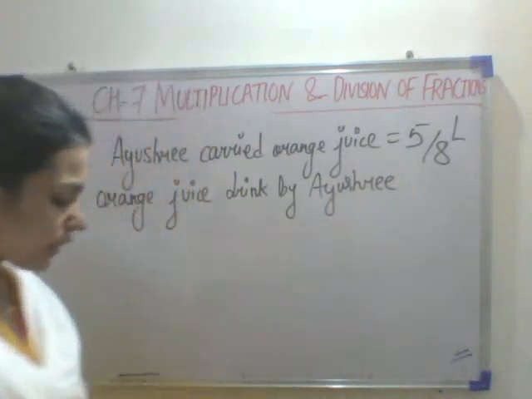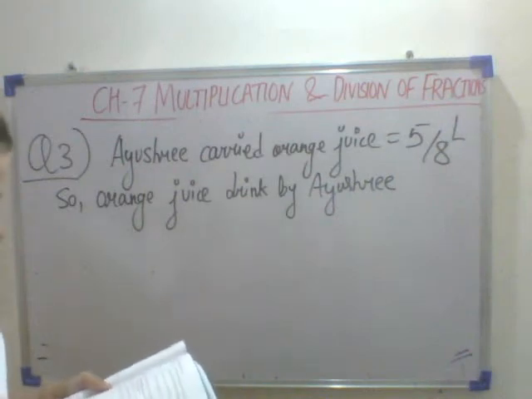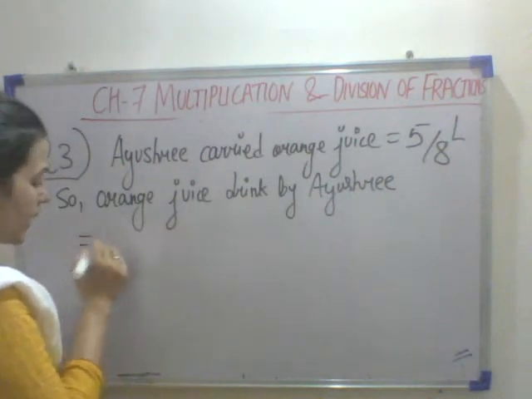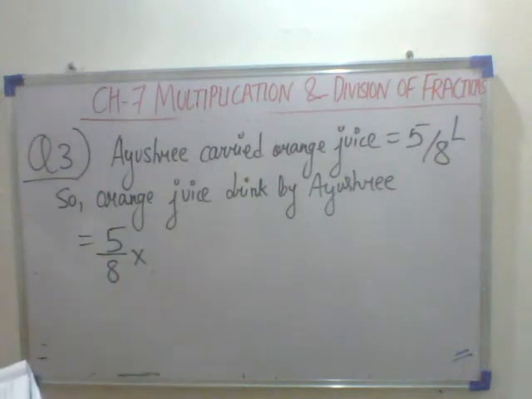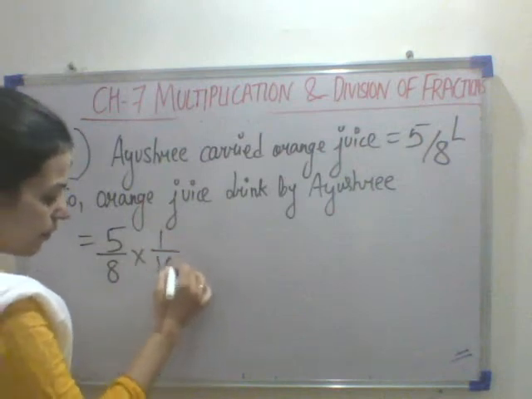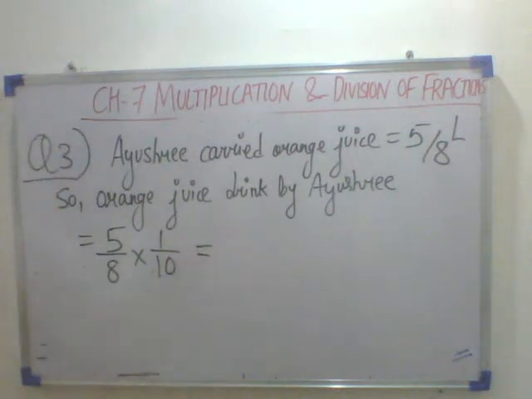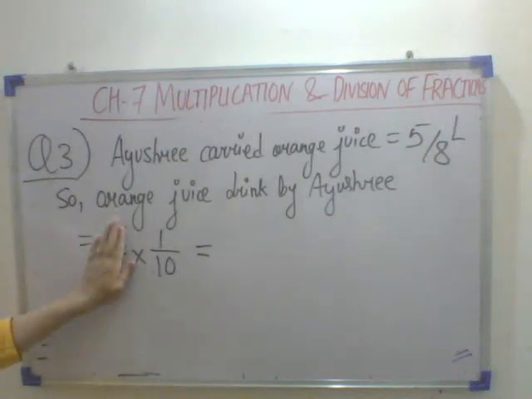So what we'll be doing here? We will be multiplying 5/8 with 1/10. These two values, they are given in the question. 5/8 into 1/10. 5/8, it is the total orange juice.